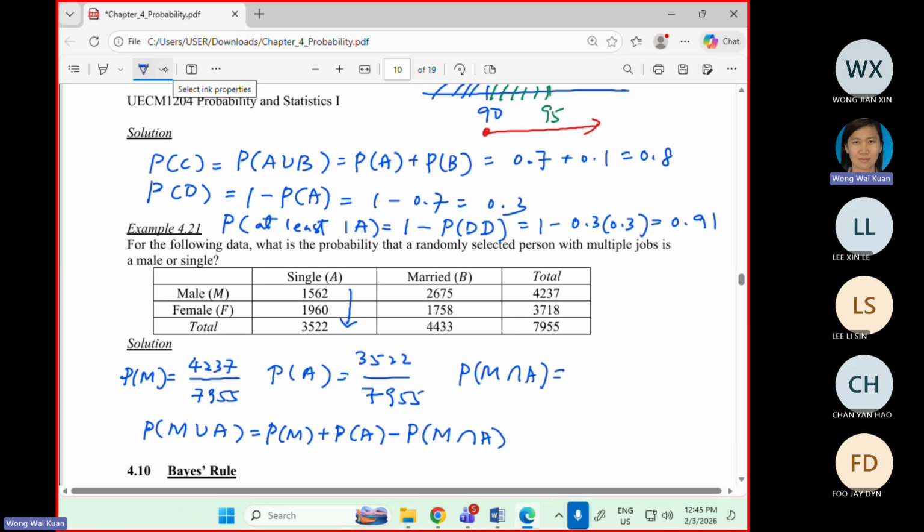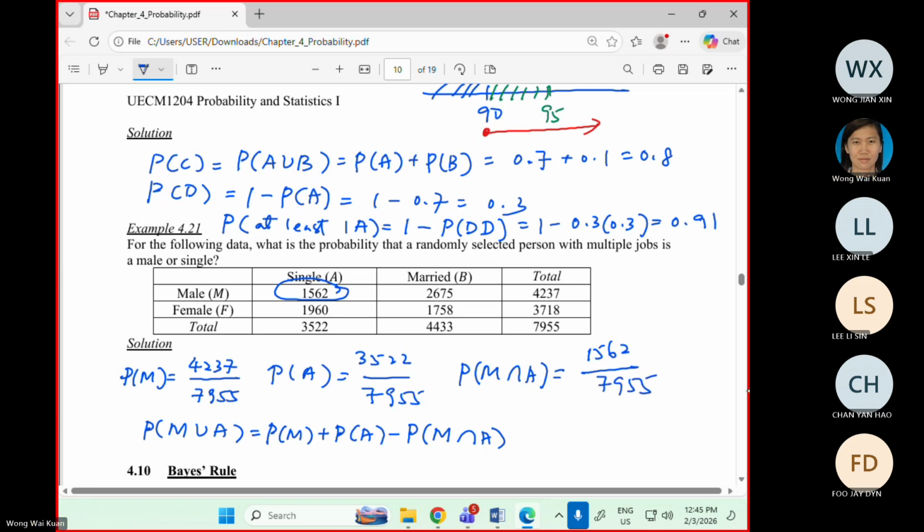M and A is the intersection, this part, where we look at how many are male and single. So it is 1562 over 7955.